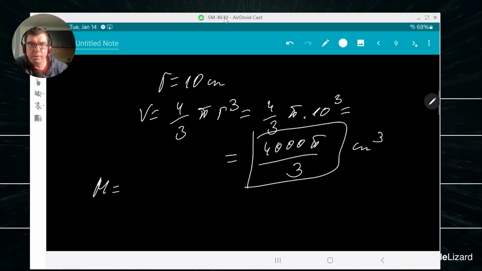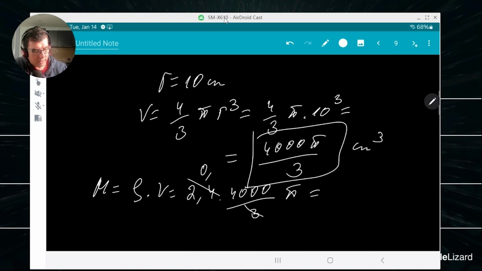You know from previous lessons, the mass equals the density times the volume, so 2.4 times 4000 over 3 pi, reduce, you get 0.8 times 4000, which is 3200 pi. Sorry, not centimeters cubed, grams, because we are looking for the weight, grams.